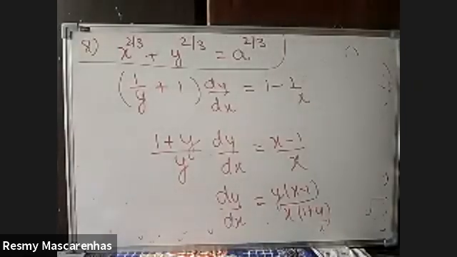Can anyone tell me what will be the derivative of a raised to 2 by 3? Anyone? 2 by 3, a raised to 2 by 3 minus 1. Wrong.